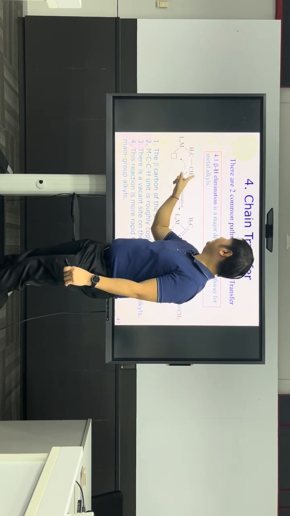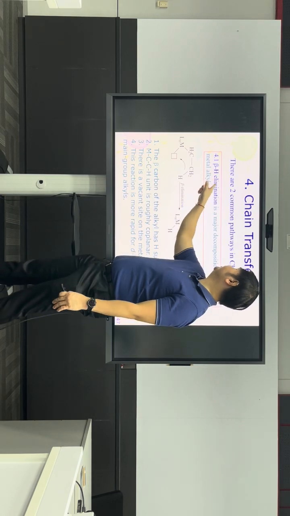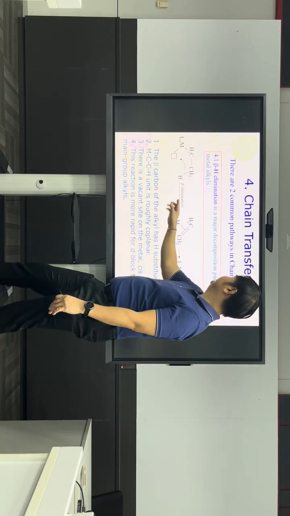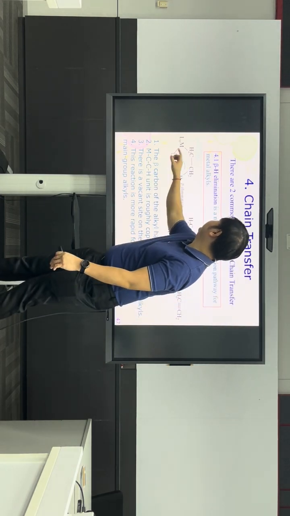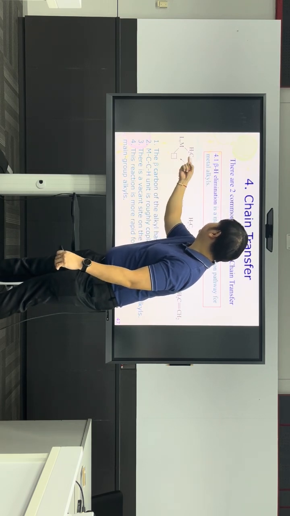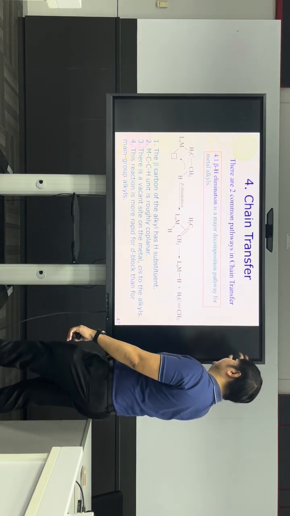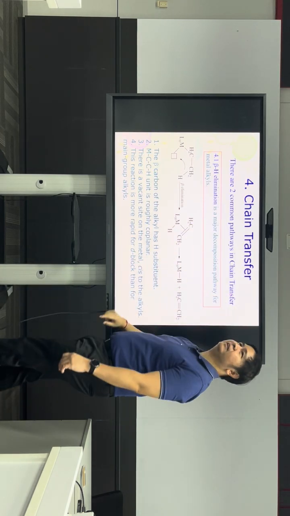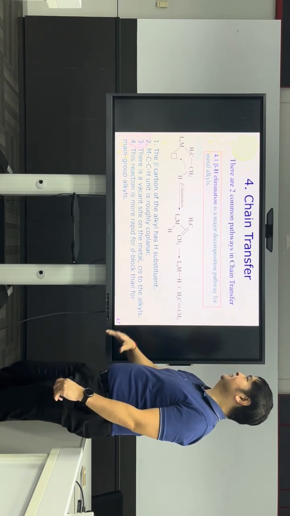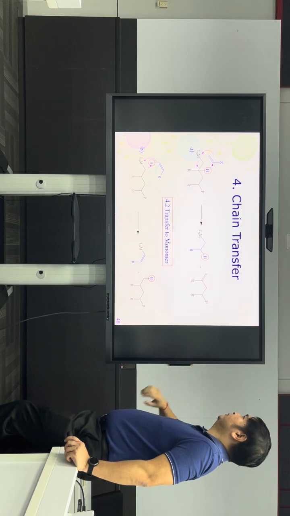The proton at the beta position can be removed easily. We call it beta hydrogen elimination. It is transferred to the metal, and then you get a double bond flip back like that, so you get a double bond there. Then this double bond is removed, so at the end you get a metal hydride. That's the side reaction that occurs a lot. Don't worry about this.